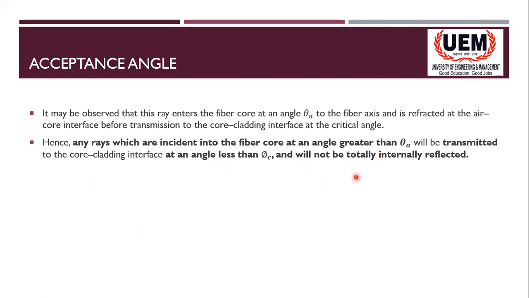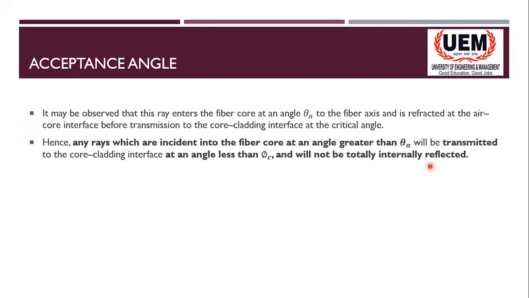So any rays incident on the fiber core at an angle greater than theta A will reach the core-cladding interface at an angle less than theta C. We are not going to achieve theta C if the angle of incidence is greater than the acceptance angle, and hence it will not be totally internally reflected.